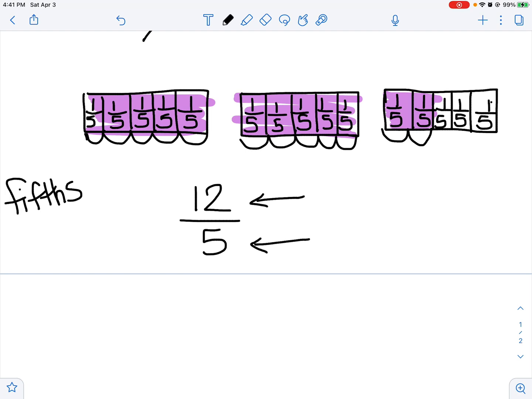Okay? For your assignment today, you're going to be given some shapes that have been broken into equal parts, into unit fractions, fifths, fourths, thirds, sixths, eighths. And I want you to identify the unit fraction. So in this case, our unit fraction is 1/5 because each part is 1/5 of a granola bar.